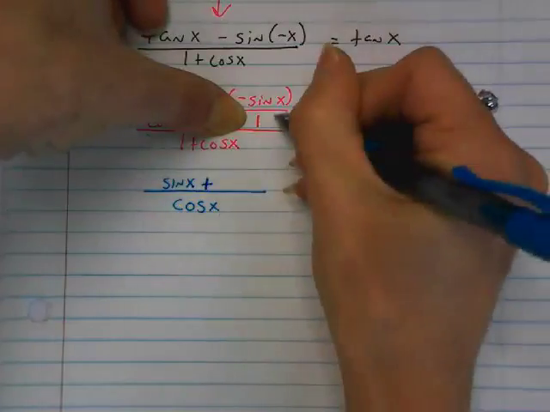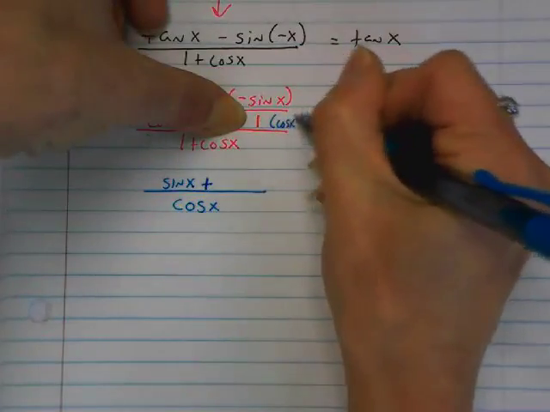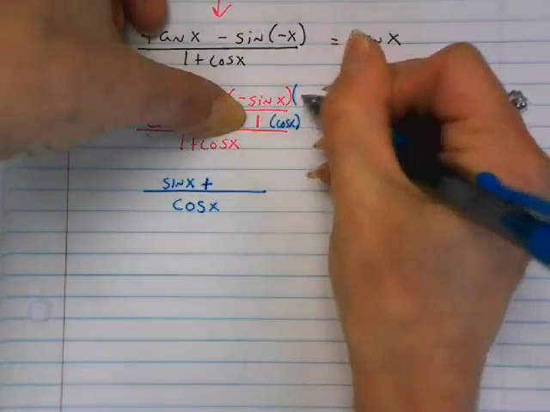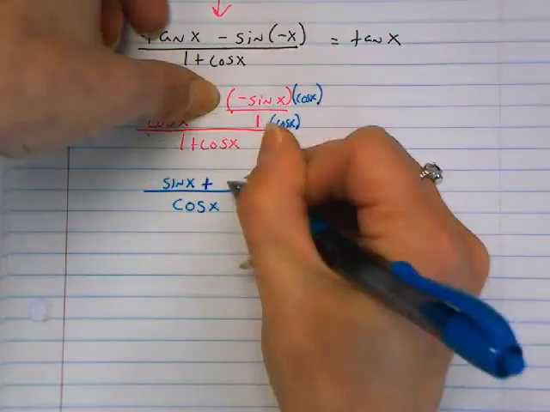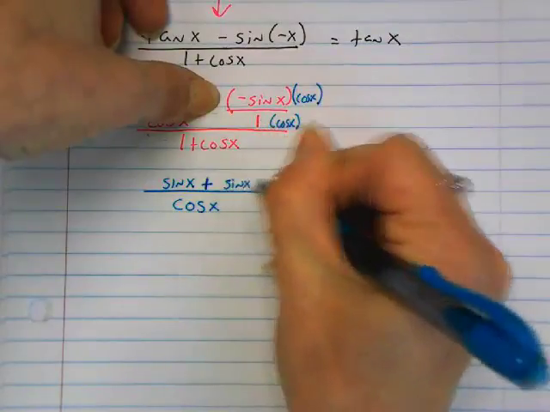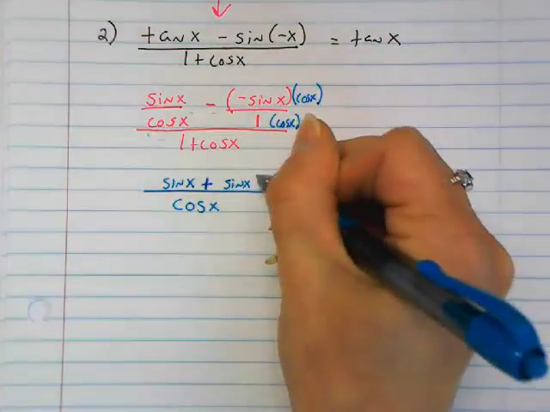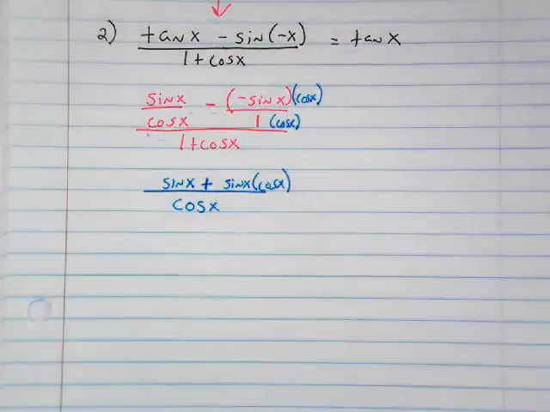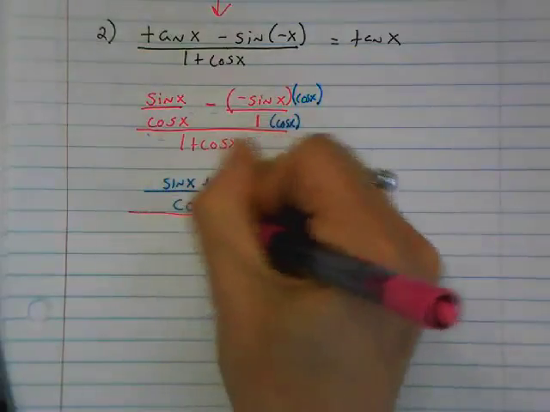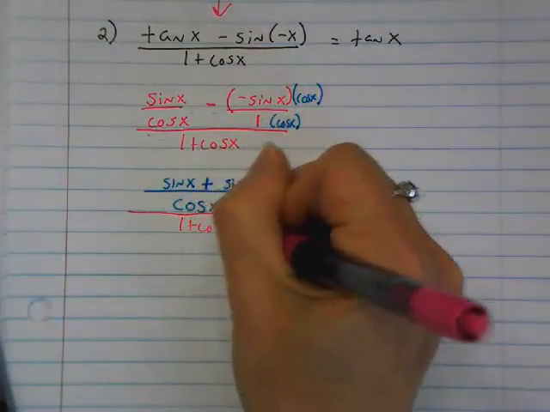So do you agree I need to multiply him by cosine of x, which means I need to multiply this guy by cosine of x. So I have sine x times cosine of x. Now, don't forget, though, this is all over 1 plus cosine x.